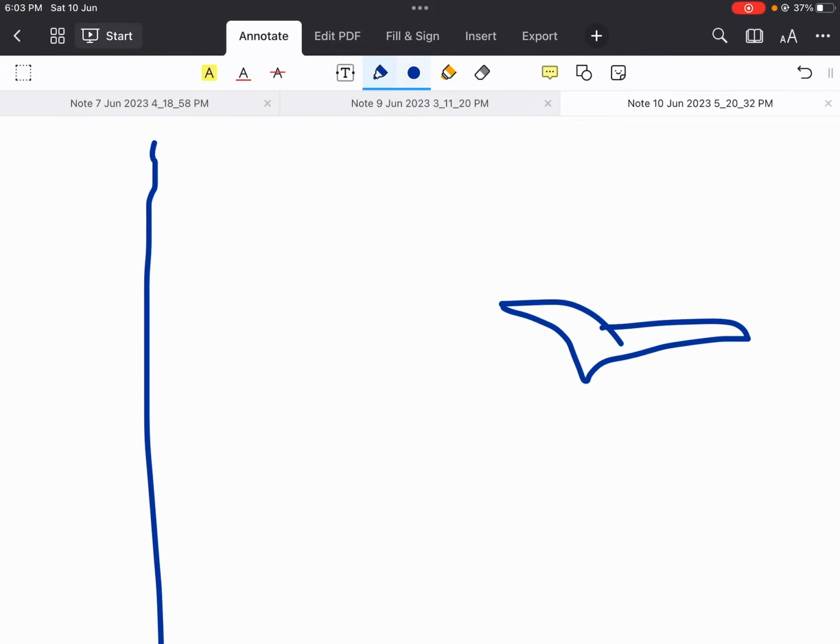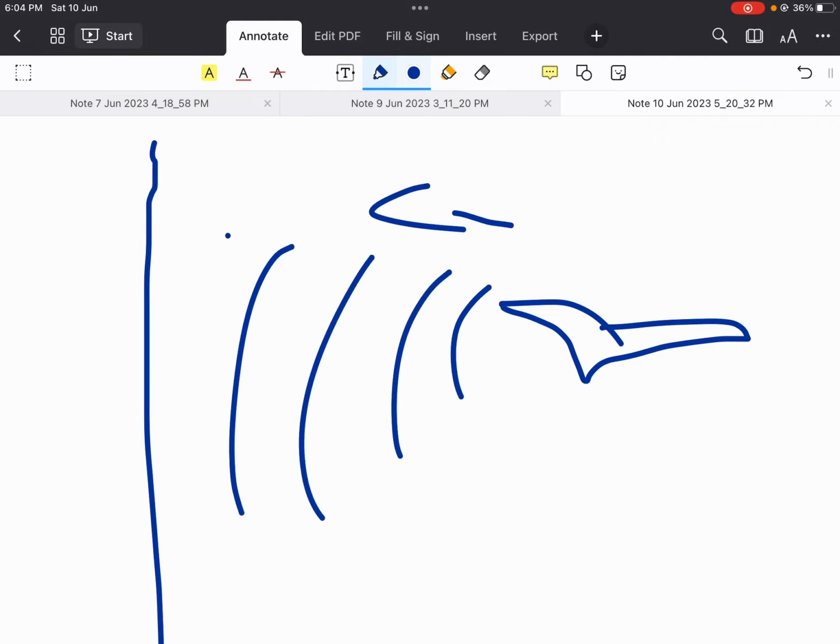Now, how does the bat not collide into that wall? Let's say it's going forwards. How does it know that, oh, there's a wall here, I need to move away? So what it does is it sends out this pulse of ultrasound, and when the ultrasound touches the wall, it is reflected back.